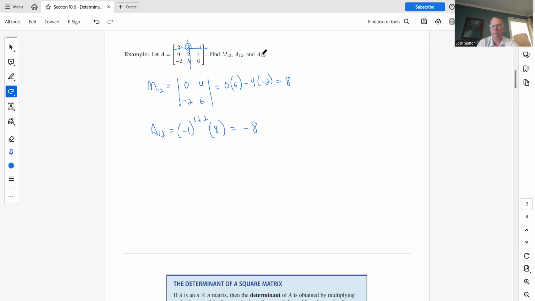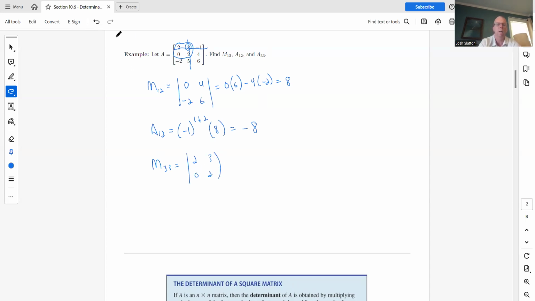Let's try again with the third row, third column. We delete the third row and third column, and we're left with this 2 by 2 matrix. For the minor M33, we're finding the determinant of 2, 3, 0, 2.